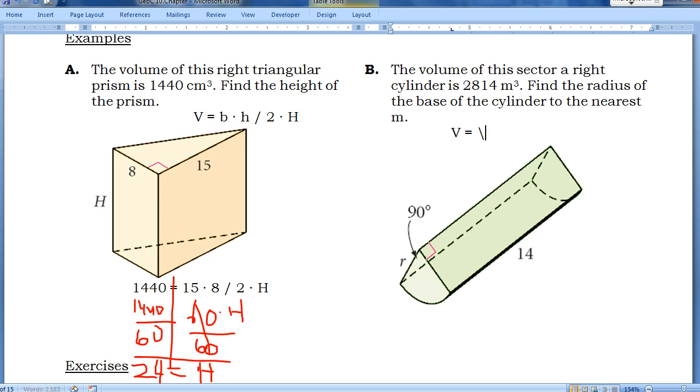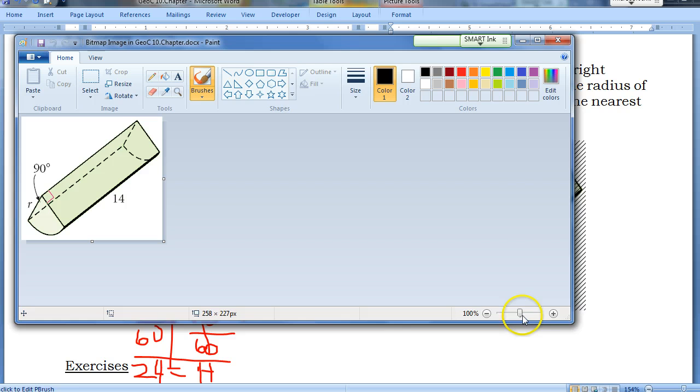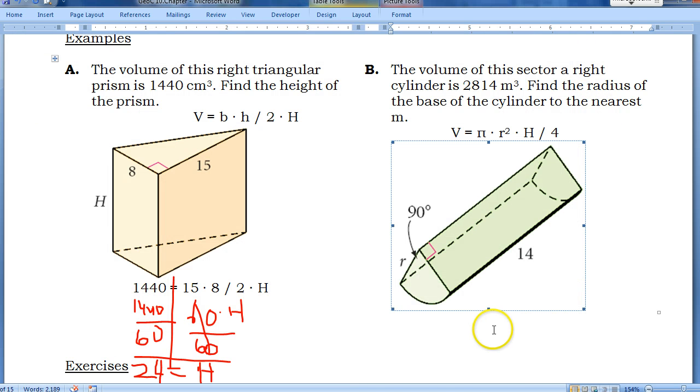That is pi times the radius to the power of 2 times the height. And because it is a sector, this is exactly 1/4 of a normal cylinder. I also need to divide by 4 on that formula. So I can plug in some values.